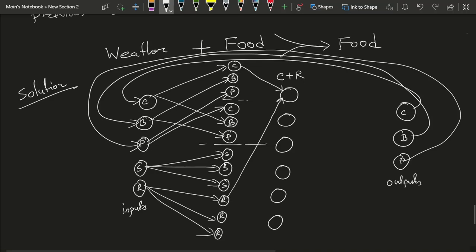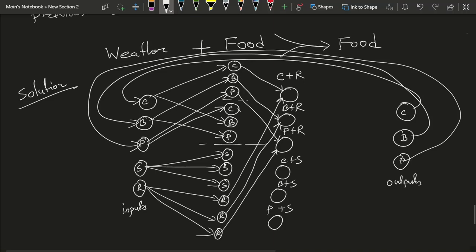And for burger, also the same food, right? And pizza. So if we denote this as burger plus rainy, pizza plus rainy, right? Then the rest is chicken plus sunny, burger plus sunny, pizza plus sunny. So how are the arcs going to be added?